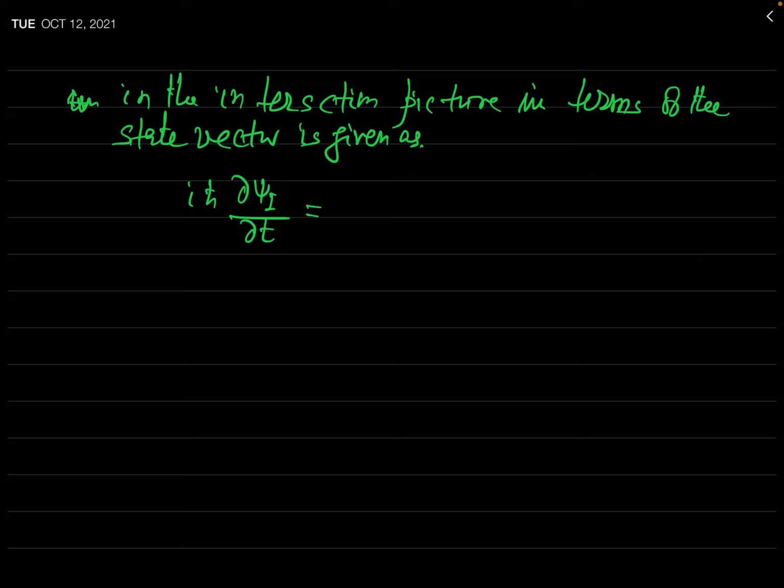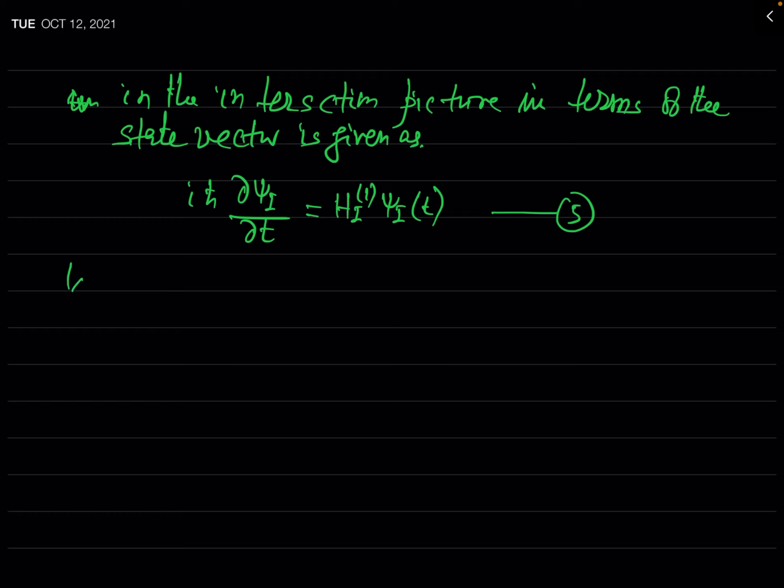Instead of psi, now we write psi I, and this will be equal to H_I1 psi I of t. Say this is your equation 5.